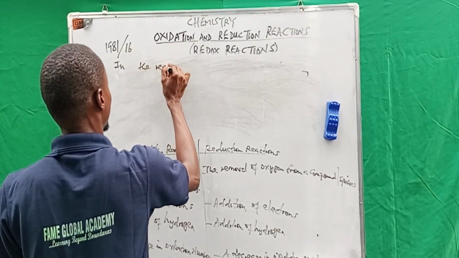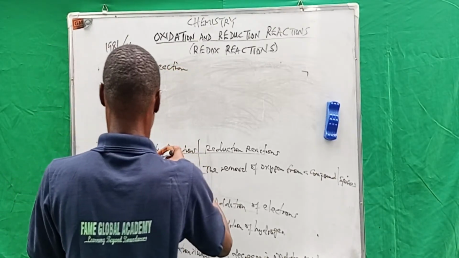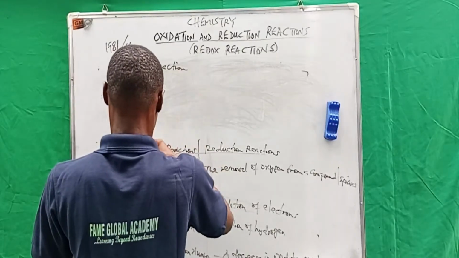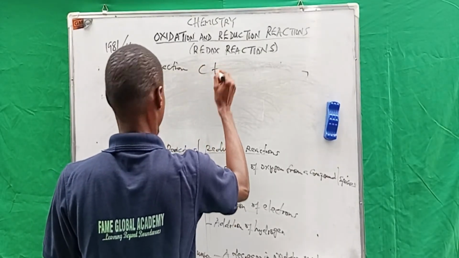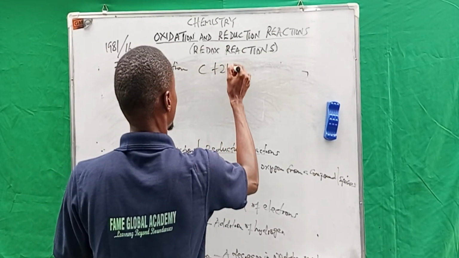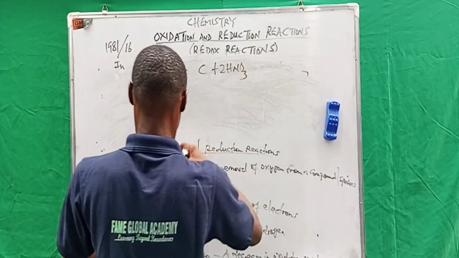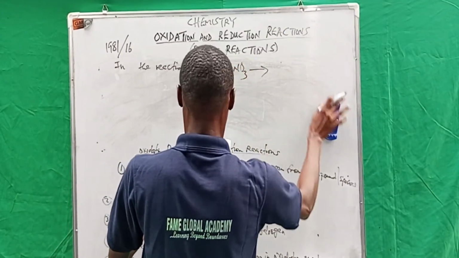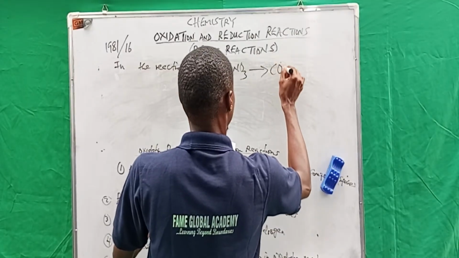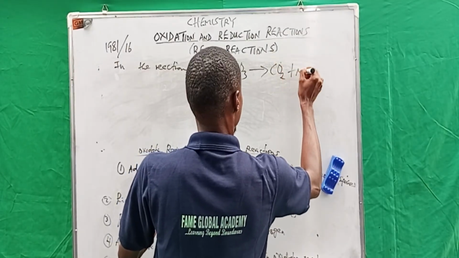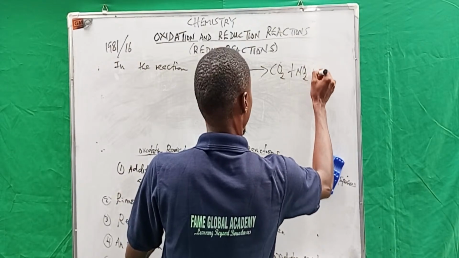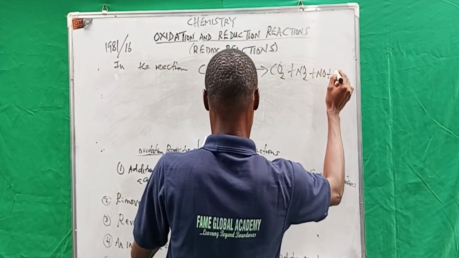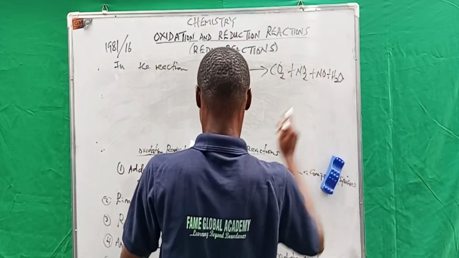In the reaction, C plus 2HNO3 to give CO2 plus NO2 plus NO plus H2O.